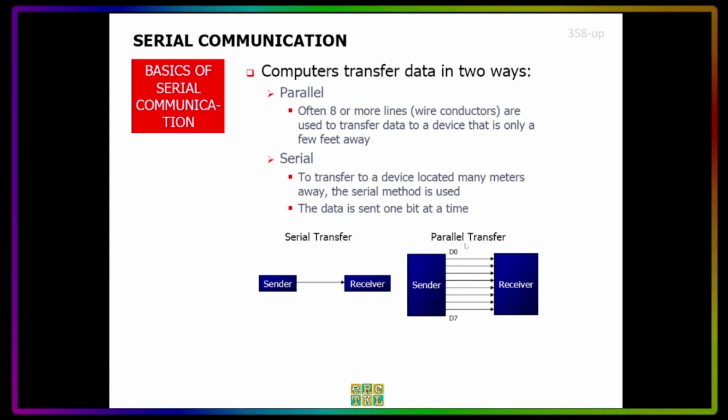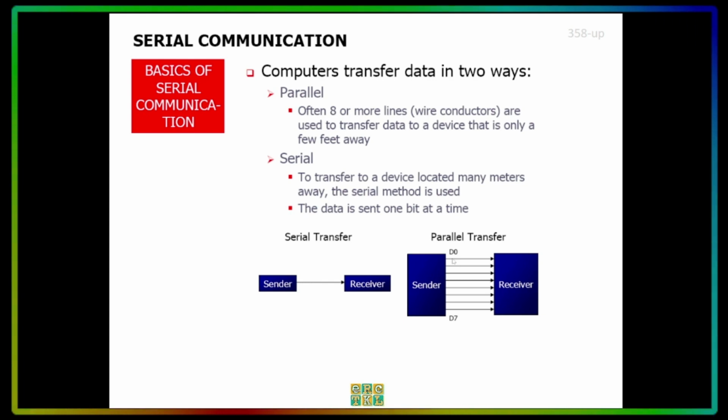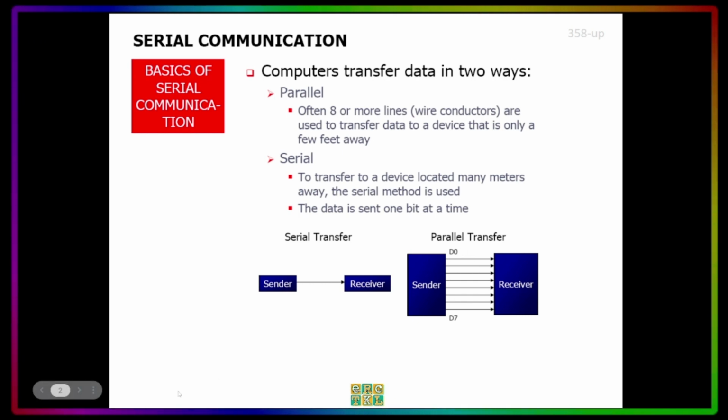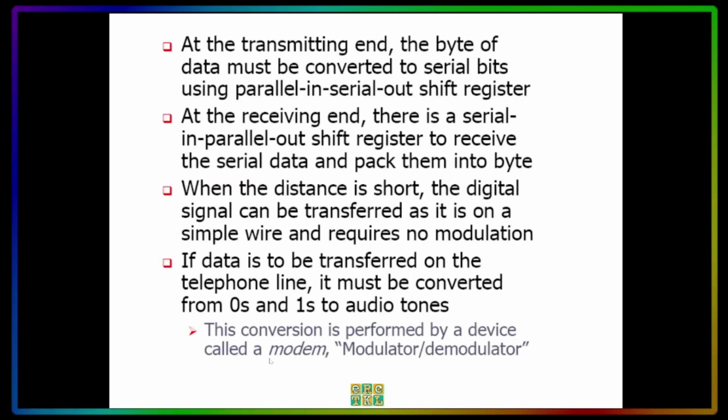Whereas for the parallel transfer, we have the sender on the left with 8 lines from D0 to D7 pointing to the receiver on the right. So this is the block diagram for serial transfer, and this is the block diagram for parallel transfer. These are the basics of serial communication.